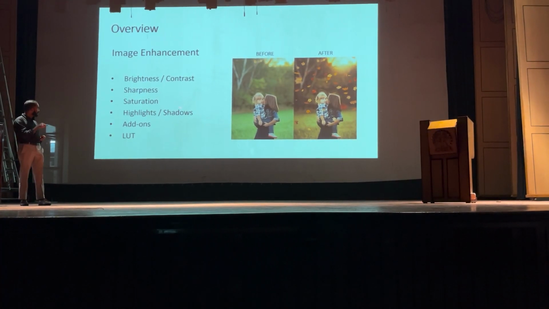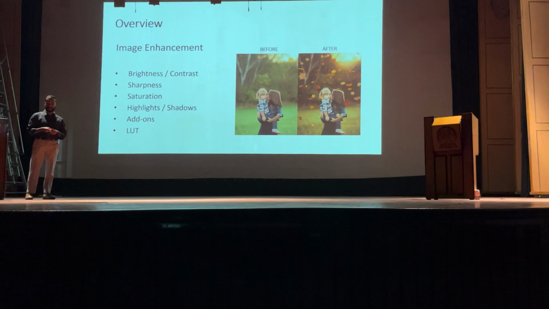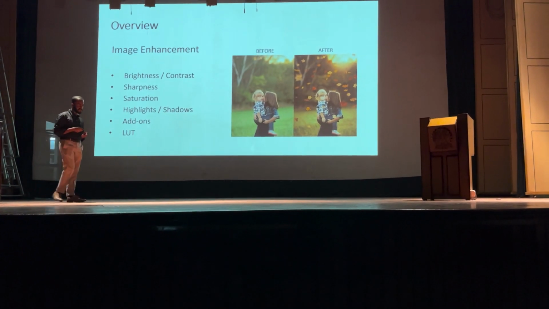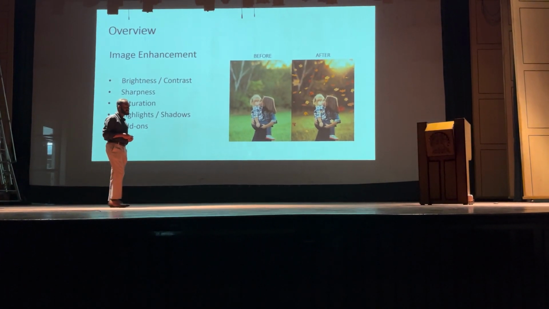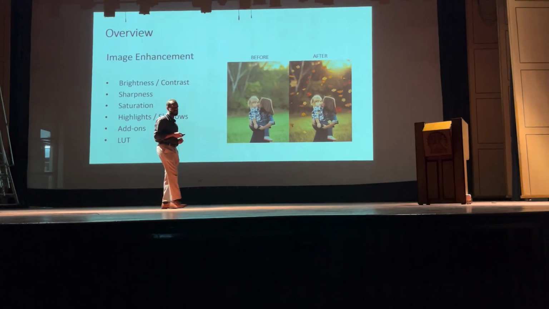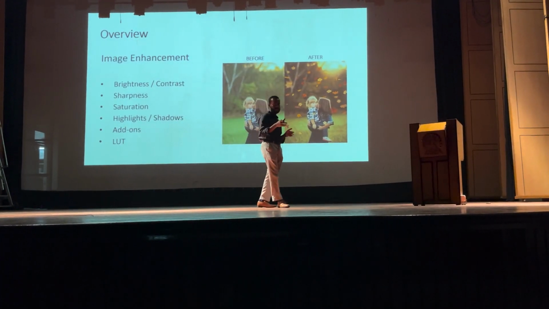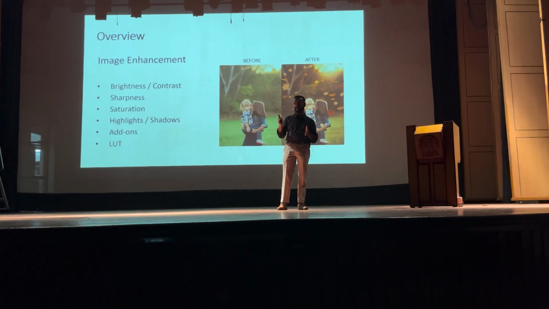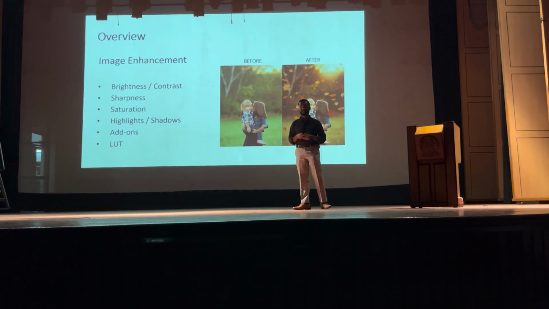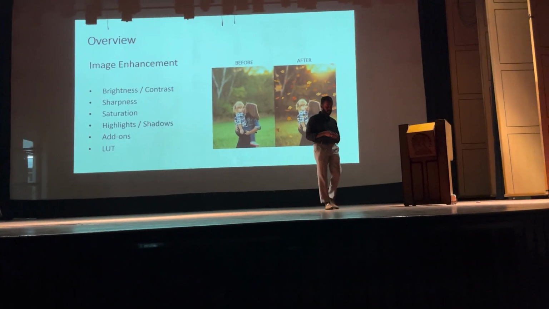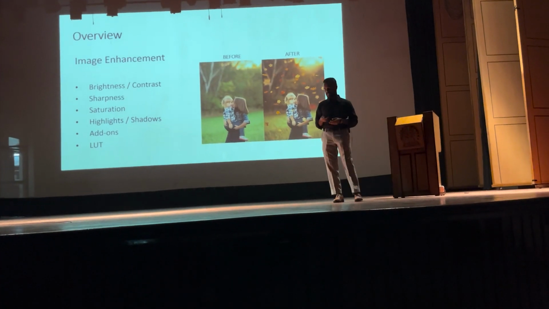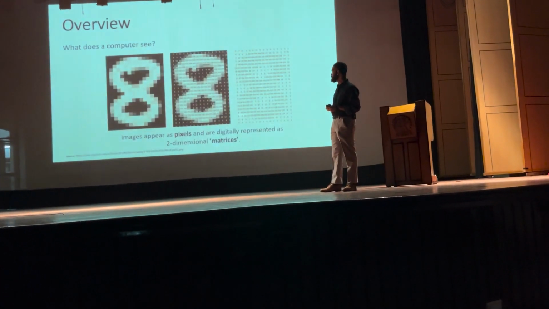You can do that using lookup tables. An example of lookup tables is the filters that you have on social media platforms. Different filters give you different looks, and then you choose the best filter for your image before you post it. So that's an example of a lookup table.